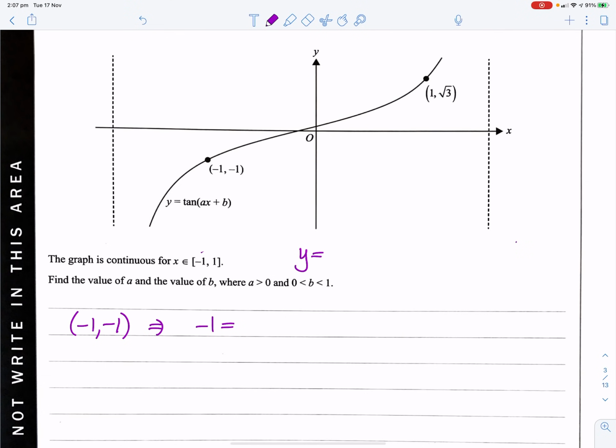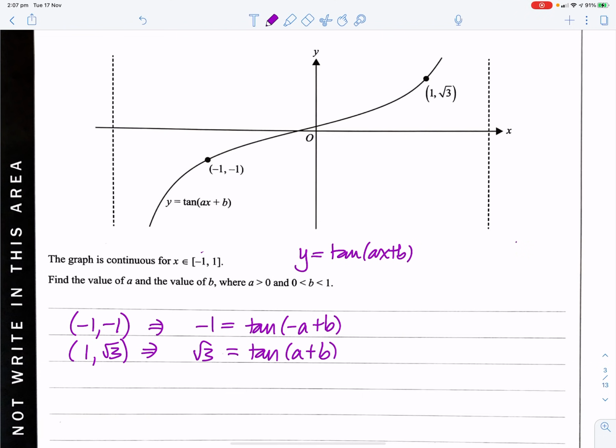We know y is equal to tan(ax plus b). So we get tan(-a plus b). And we've got 1 on root 3. Root 3 is equal to tan(a plus b).